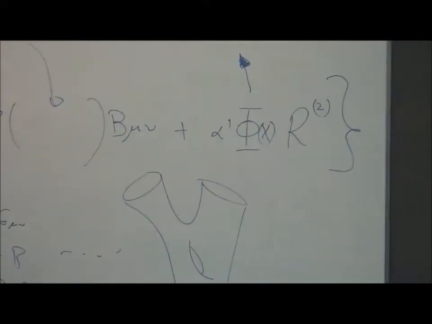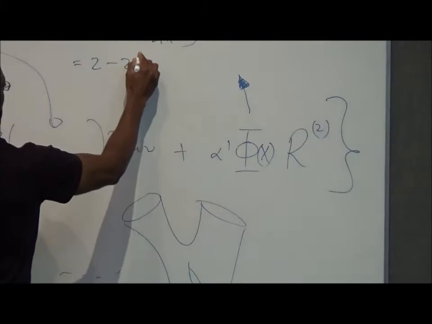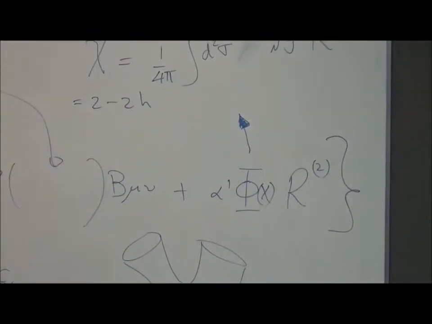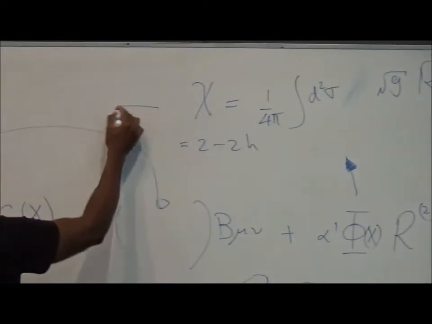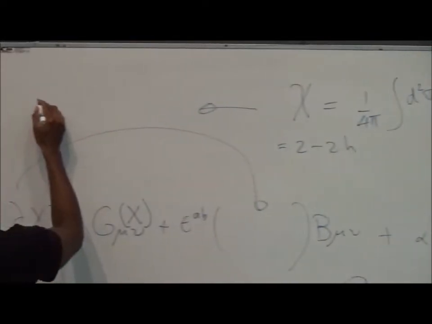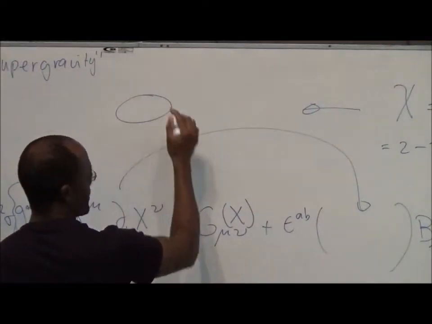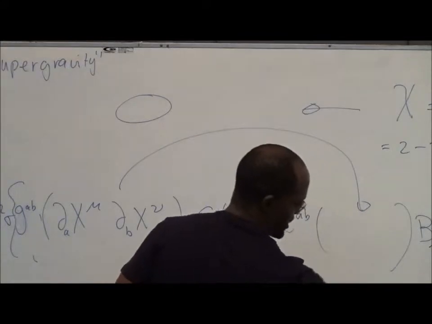So this is, for example, 2 minus 2h, the number of handles, and it'll generalize to the full Euler number when I have boundaries in the surface as well, corresponding to open strings. Just to finish this point up, from the point of view of string perturbation theory, we'll have, for example, this diagram here.